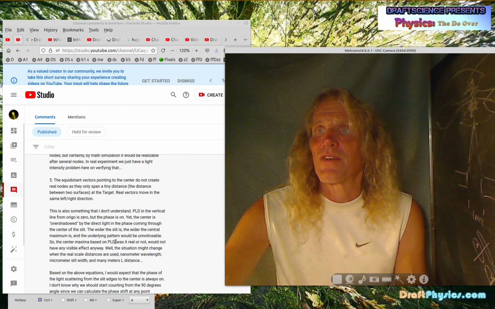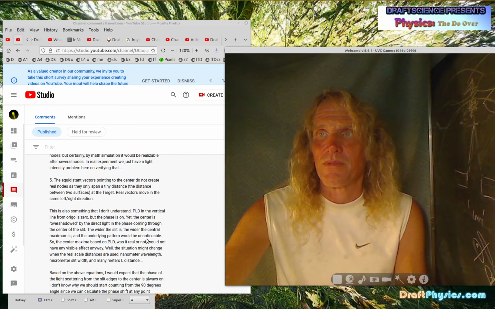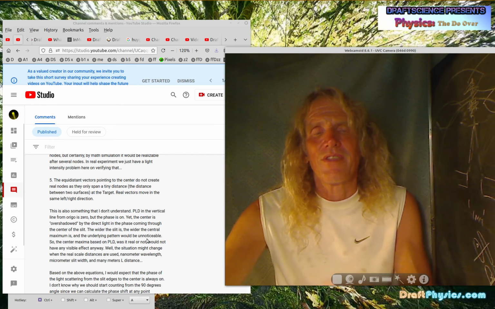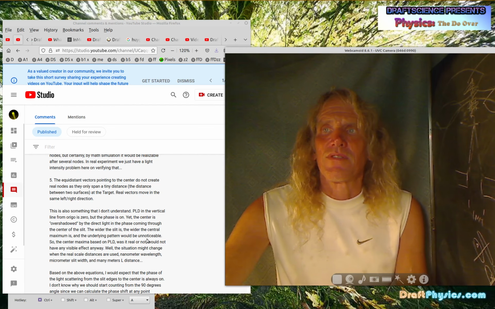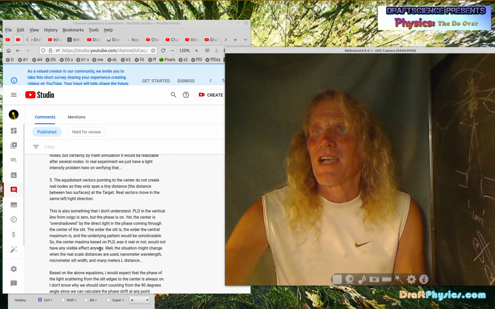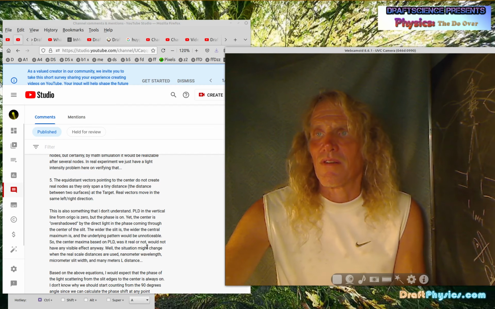And the underlying pattern would be unnoticeable. So, of course, the underlying pattern is wider than the spread of the laser, so it's really not a problem. So the center maxima based on PLD, was it real or not? It would not have any visible effect anyway.